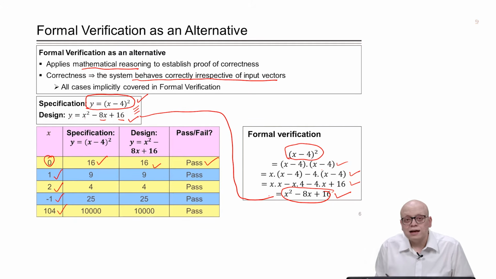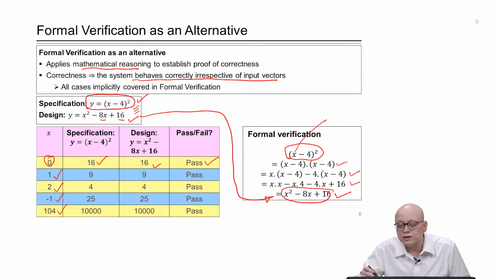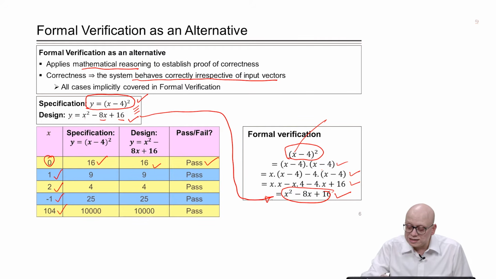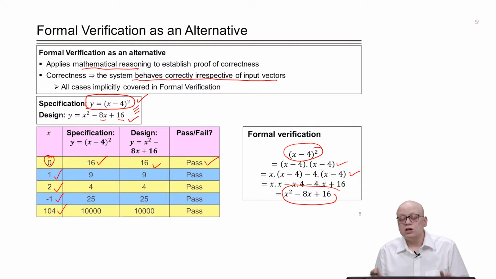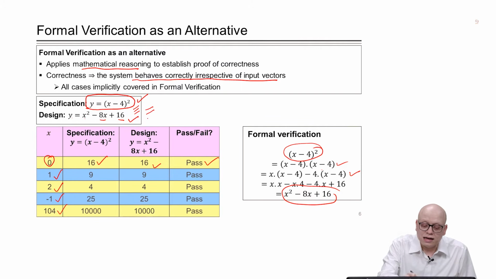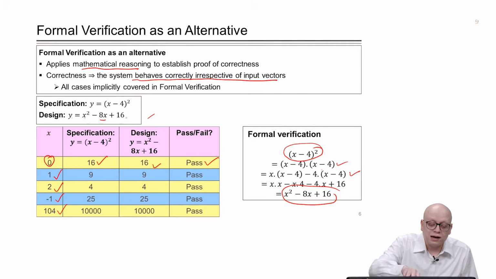In this derivation of the implementation, the tool used only the mathematical models that it knows, the constraints on the input x, and the definitions of different operators and so on. Once it is able to establish that the given specification and the given design or implementation match in terms of representation, it can say that the specification and design are equivalent.